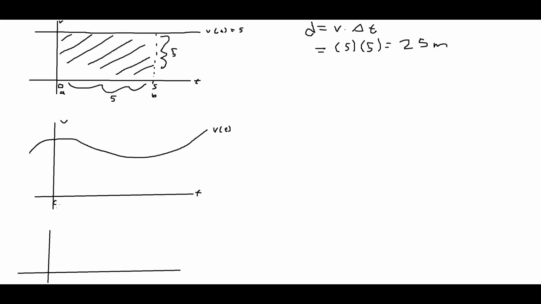For the same interval, from 0 to 5, once again, A and B, what would be the total distance traveled by the object in this case? Well, using the same logic, it would be the area under the curve again. But how would we find this area?